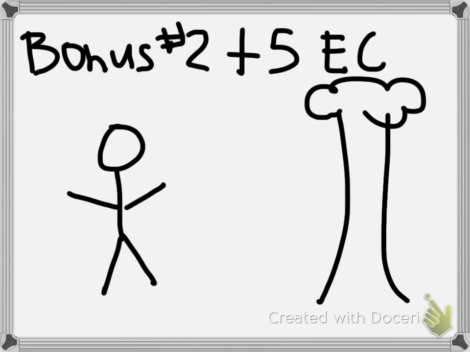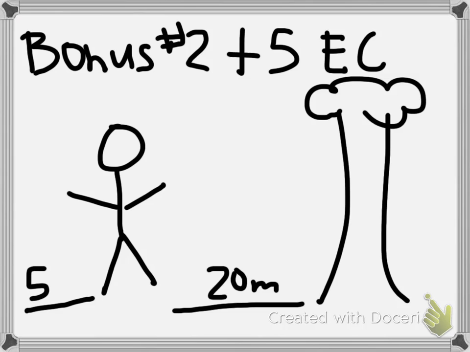Now, the tree happens to cast a shadow of 20 meters. The person happens to cast a shadow of 5 meters. The person is only 2 meters tall. I want to know how tall is the tree. If you show your work on your paper, you will get 5 extra credit points on your extra credit worksheet.